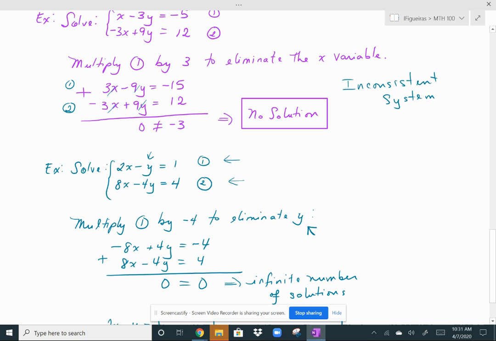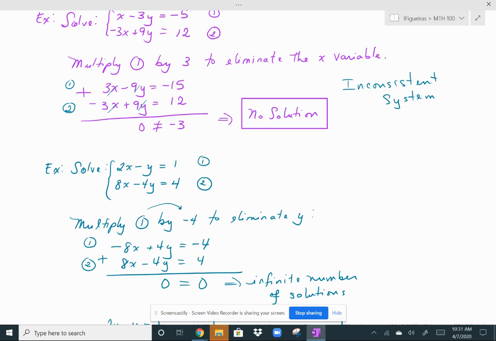So in order for that to happen, I multiply equation 1 by negative 4. All right, so that's the work that you see below. Equation 1 multiplied by negative 4 is what you see here. So you get negative 8x plus 4y equals negative 4. And equation 2 is just copied down. So I have 8x minus 4y equals 4.